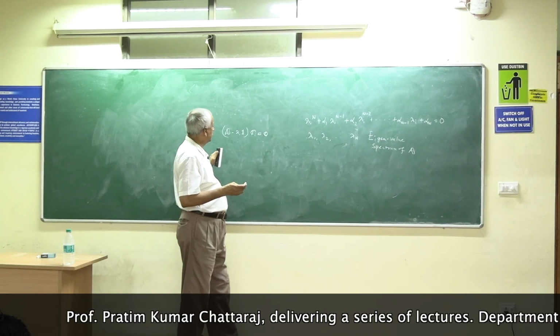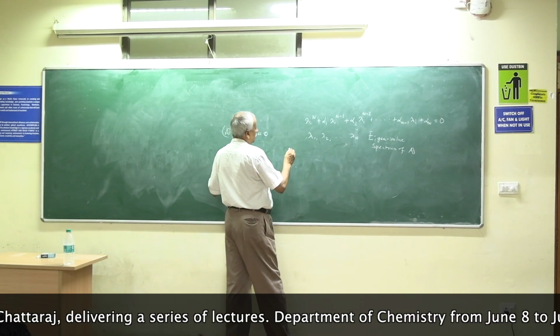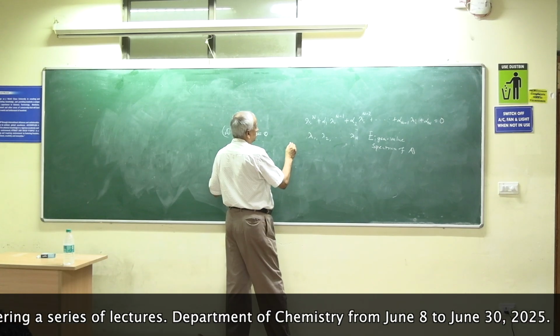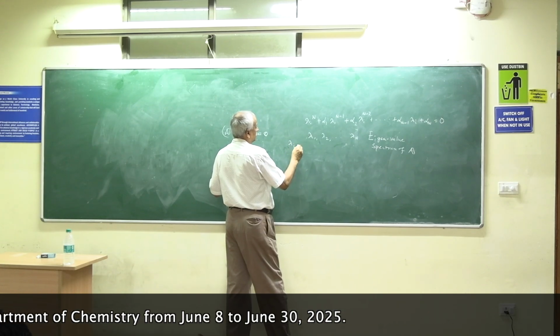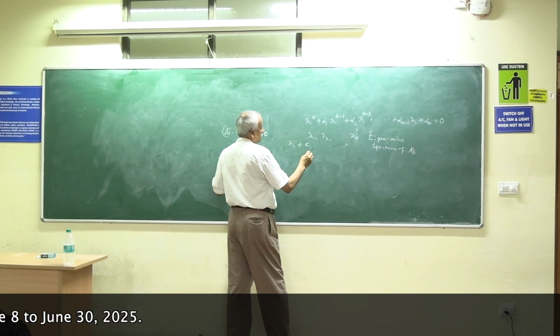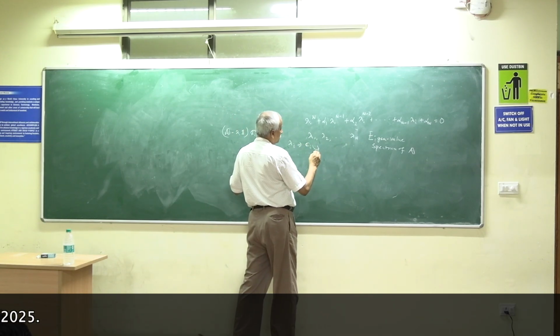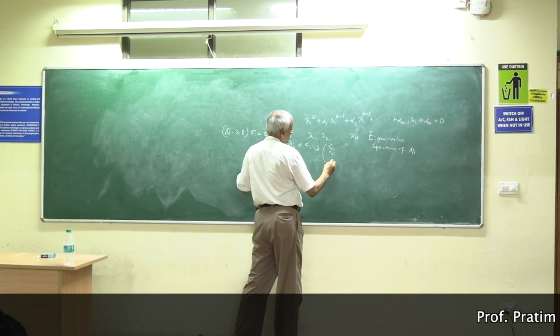So now instead of this, say Ci, I will put for each lambda, this one is my Ci. But this Ci now will have elements C1i, C2i, Cni like this.